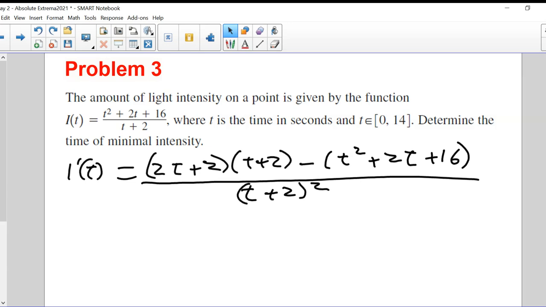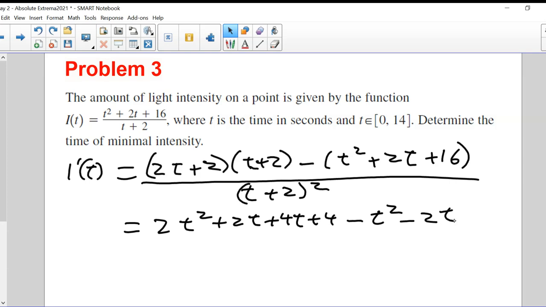Okay, and we need to do a little bit of filing here. That would be 2t squared plus 2t plus 4t plus 4, and we're subtracting all these things: minus t squared minus 2t minus 16.